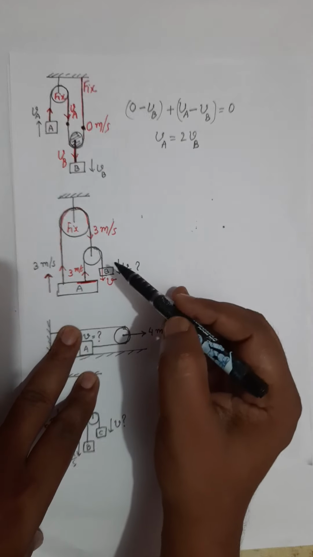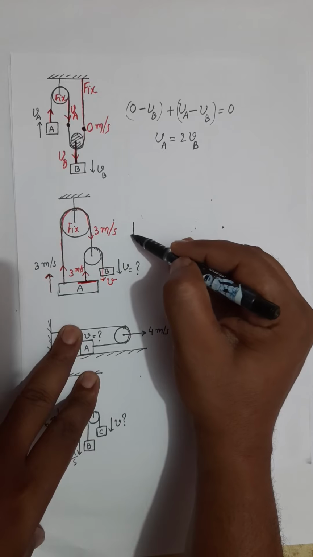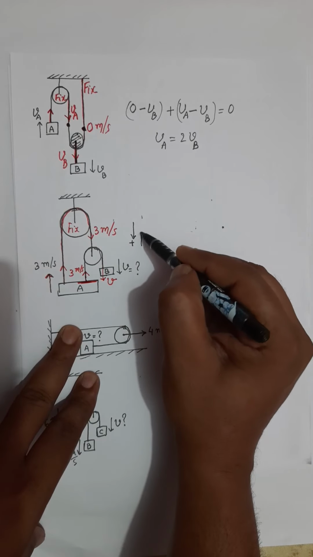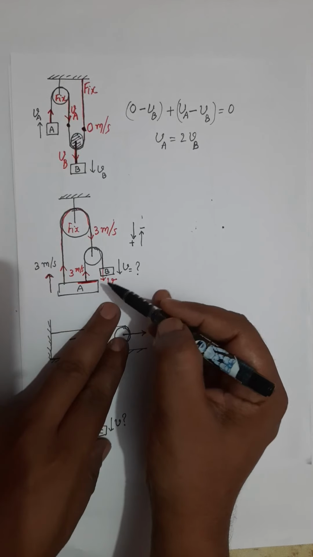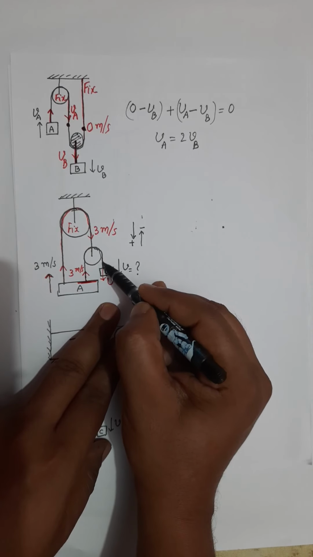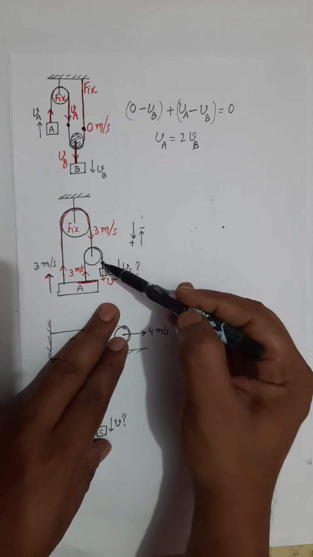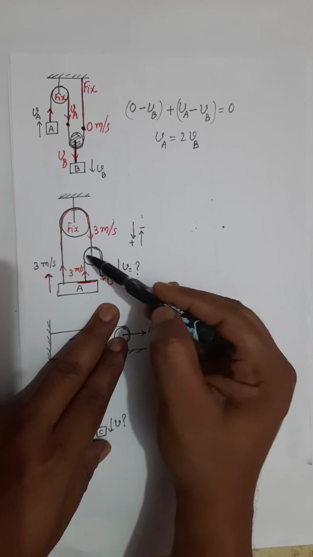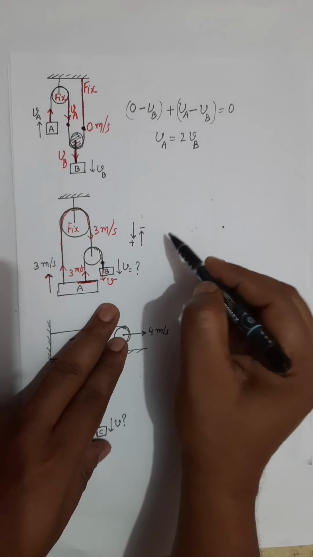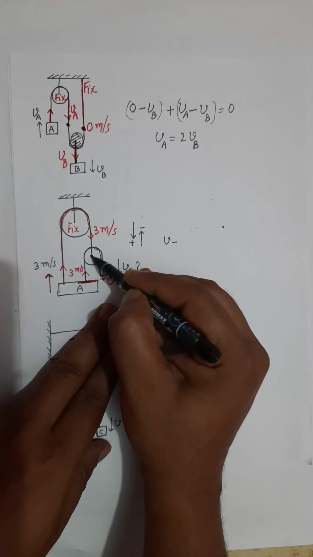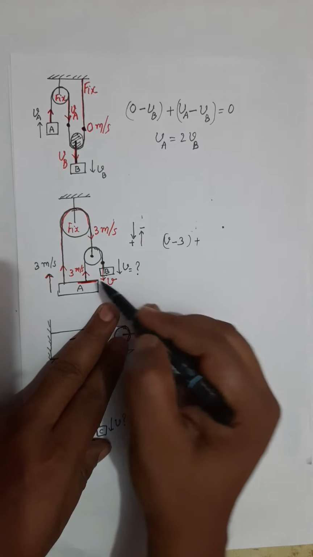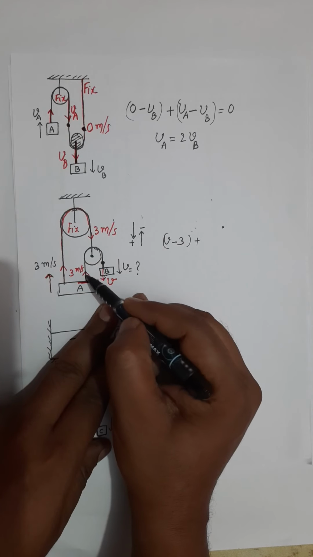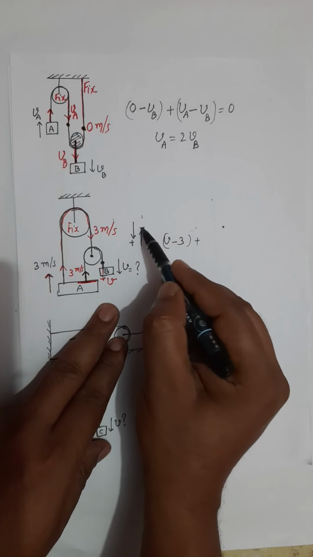Now use the same concept. Before that I choose downward direction to be positive and upward direction to be negative. That's my sign convention. Now the relative velocity on this side will be V, which is downward, minus this pulley which is coming downward with 3 meter per second, plus on the other side of the pulley, 3 meter per second velocity is in the upward direction which is negative.